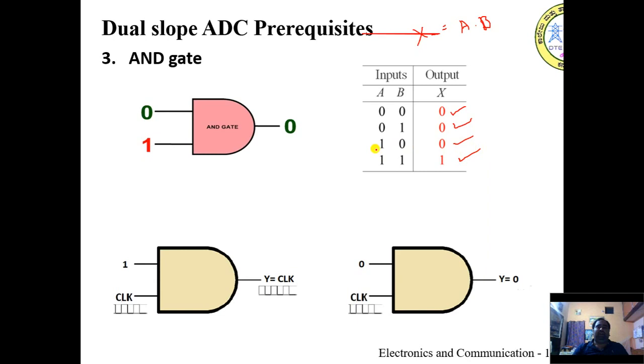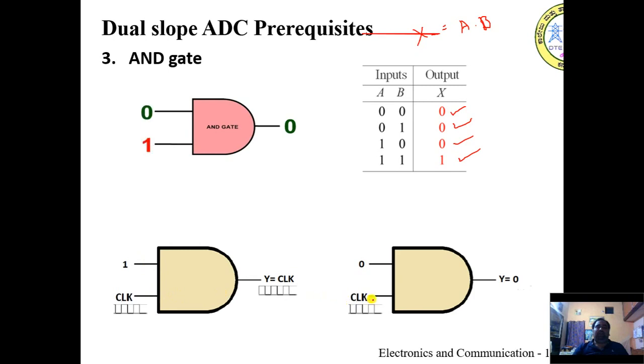As you already know the AND gate operation, let us see why it is used here. There will be a clock signal at one of the inputs of your AND gate. Whether the clock signal has to be passed to the output stage or not depends upon whether the other input of the AND gate is connected to logic 1 or logic 0.